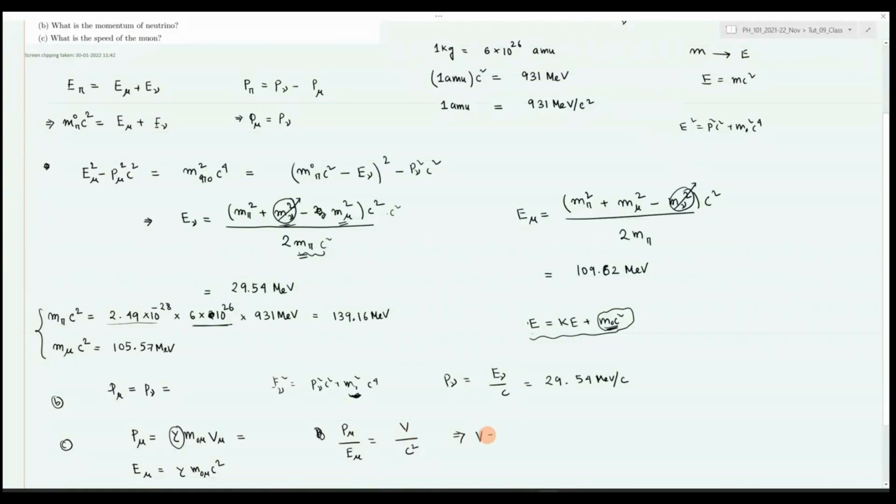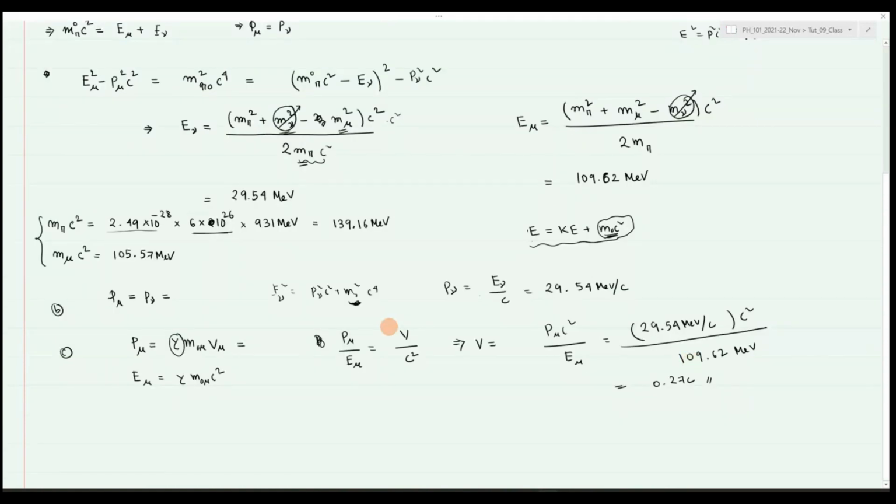So from here you can find V is equal to P mu C squared by E mu. P mu we have already found, it will be equal to the neutrino momentum, which is 29.54 MeV by C. This is multiplied with C squared. And what is E mu? E mu we have found as 109.62 MeV. So velocity will come out to be equal to 0.27 C. This is the speed of the muon.